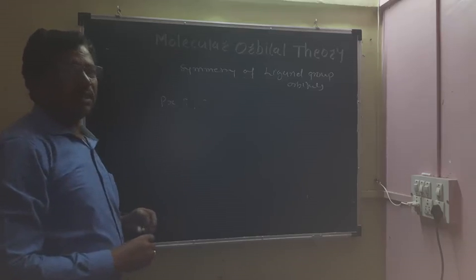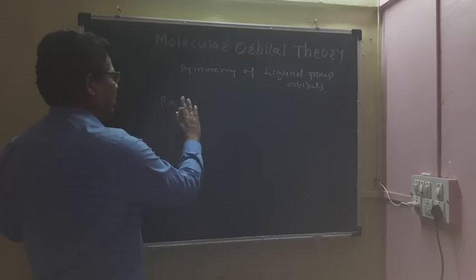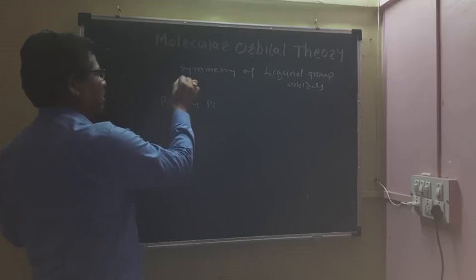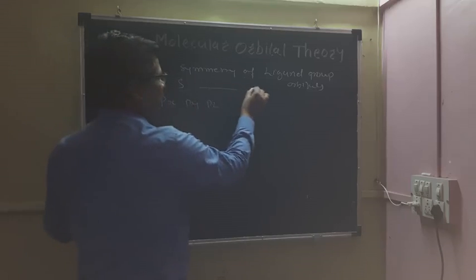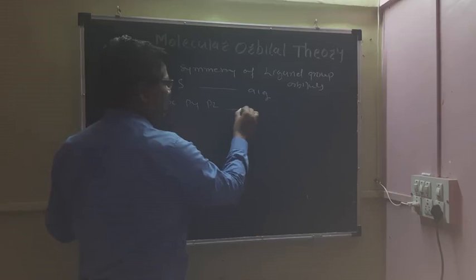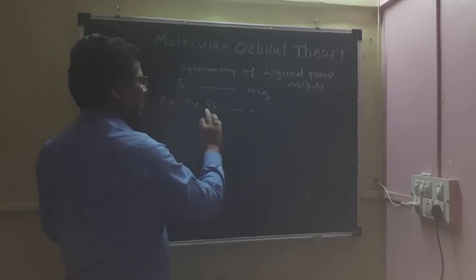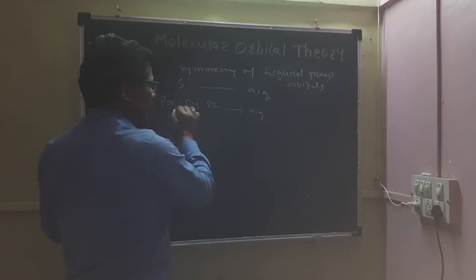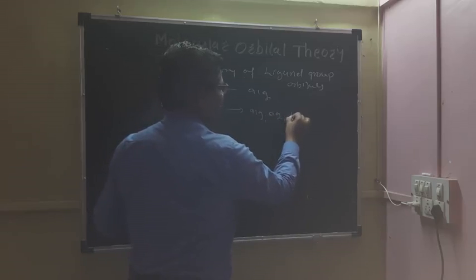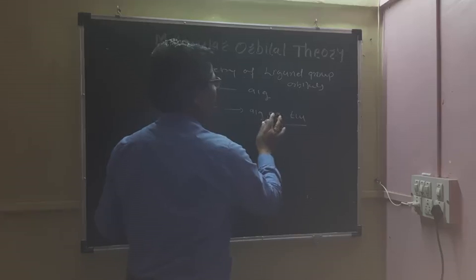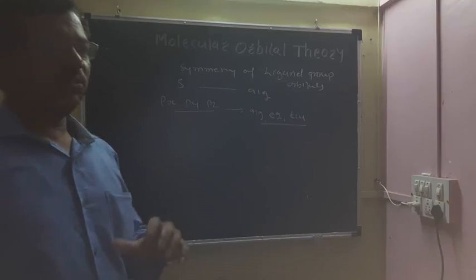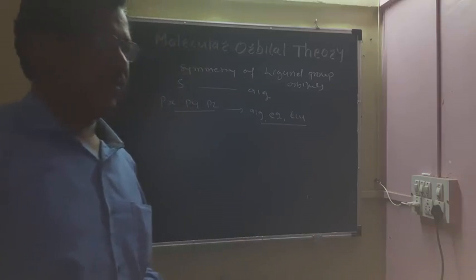The s orbital is a1g, and if it is a single orbital it is a1g; if there are three orbitals it is t1u, and if two orbitals it is eg. So a1g, eg and t1u orbitals.